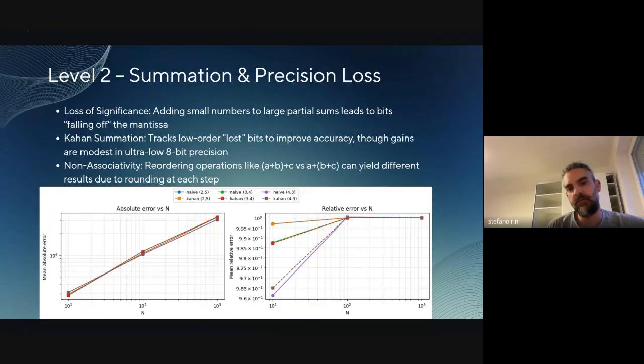And then because you have the full precision there, and you go to 10 to the power of 3, right? So naive is the summation, but what is the setting here? Which setting is this? Is this the mantissa plus exponent? What are the values of the mantissa and the exponent?